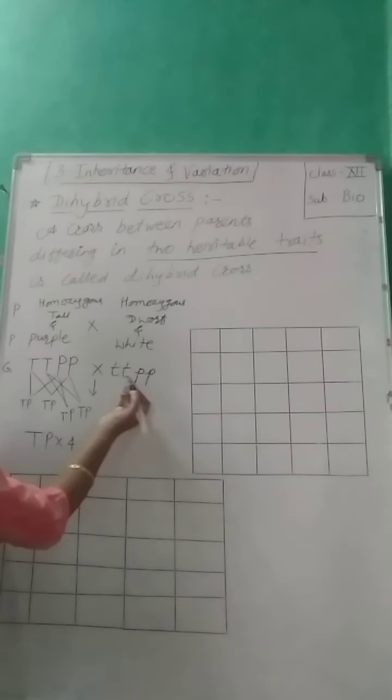And here also the same thing will happen. This will cross with this small t and small p. This will cross with this small t and small p. The same thing happens here, small t and small p.